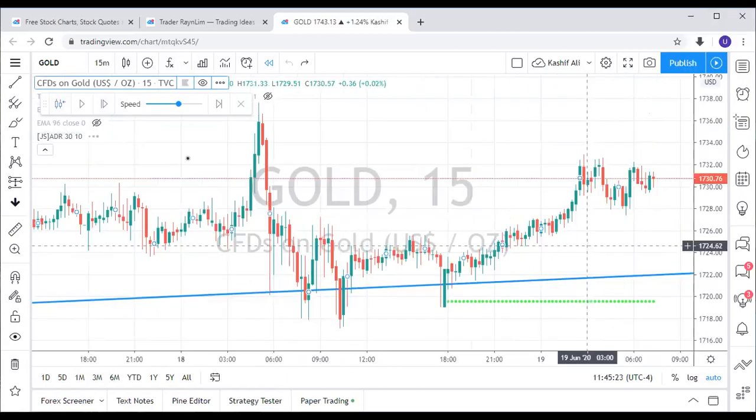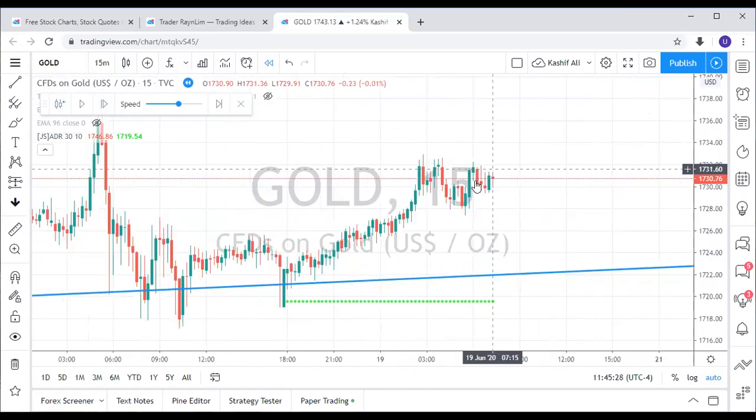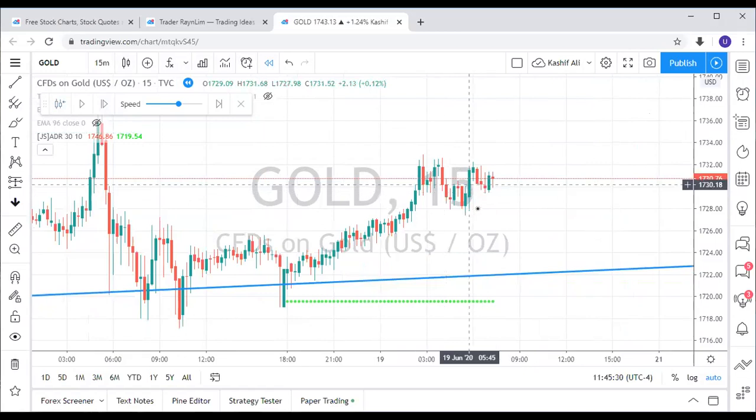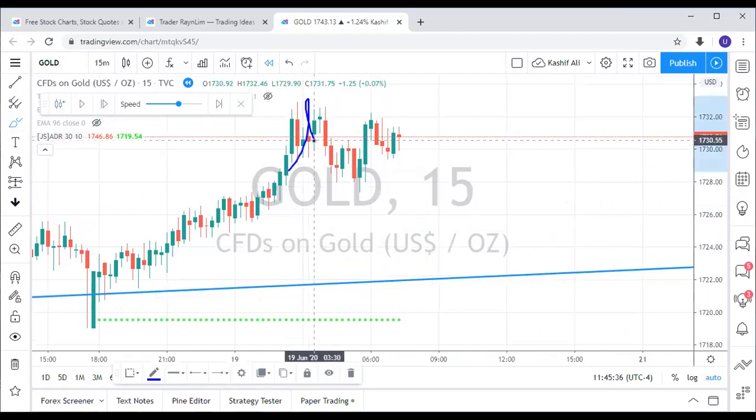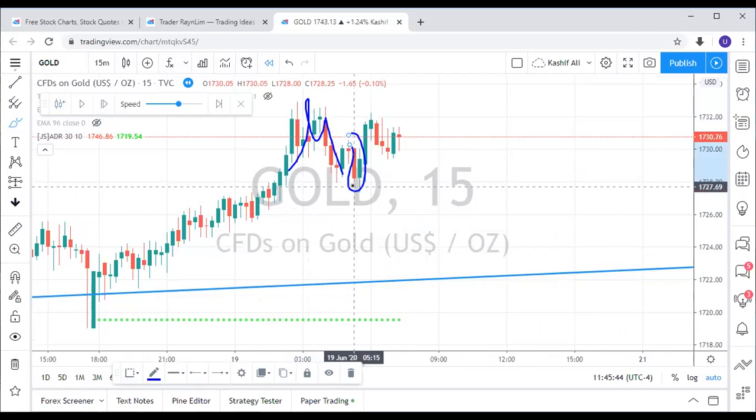As soon as it reached this key level 1732, everyone started seeing that it's coming down, and somehow people would say that it's an M formation. But then after making this candle, it went up again.